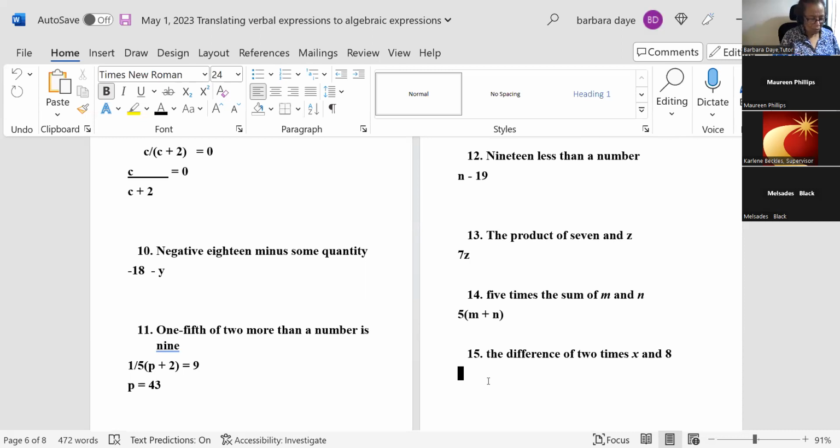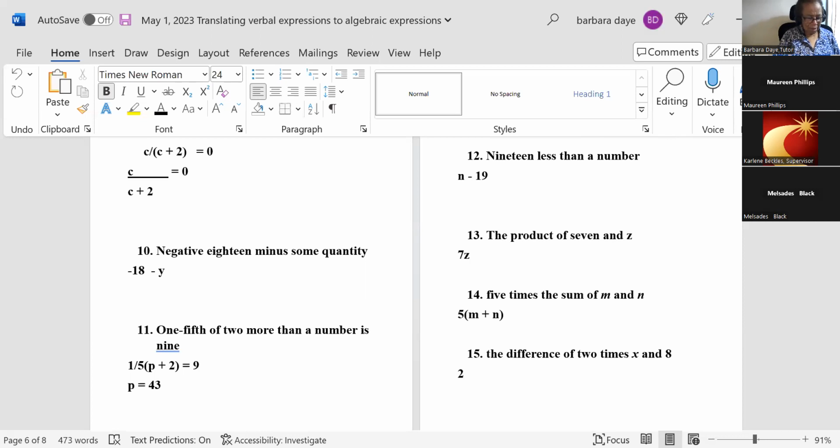2, parentheses, right? No, you could do side by side. 2 times the difference of 2 times X and 8.